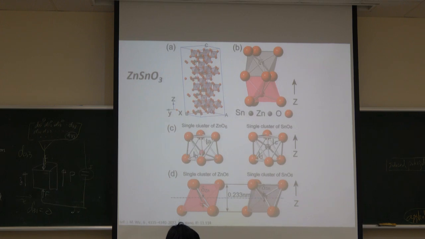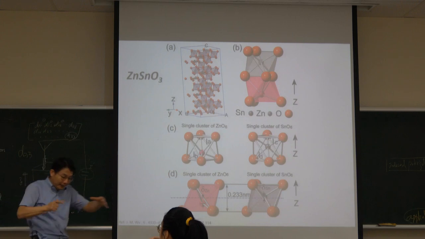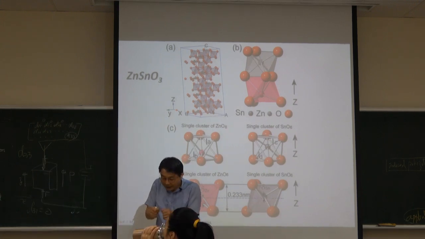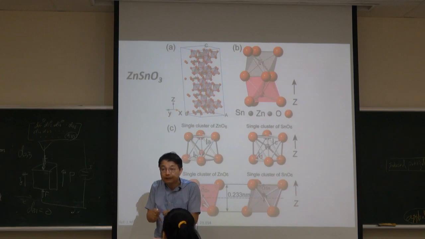I can grow these materials on the substrate. Then I pick up a single micro wire, because it is large, using some tissue, and embed it on a plastic substrate, then bend it to measure the output electricity.